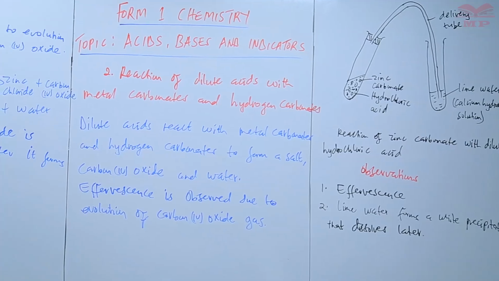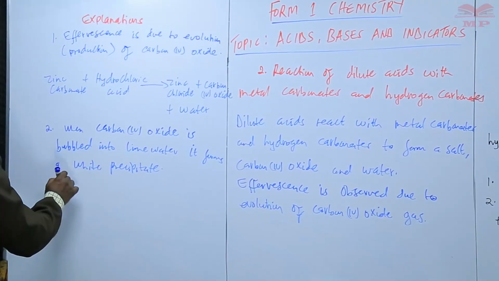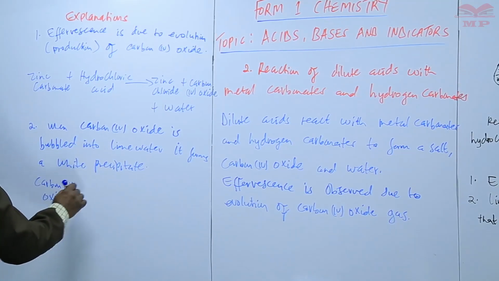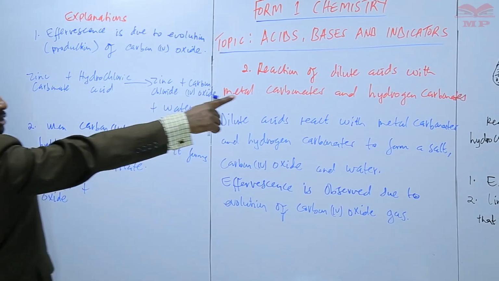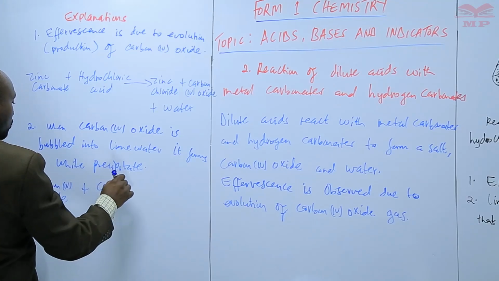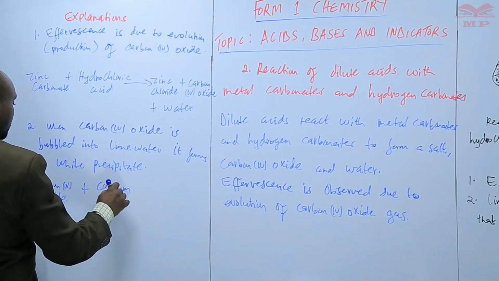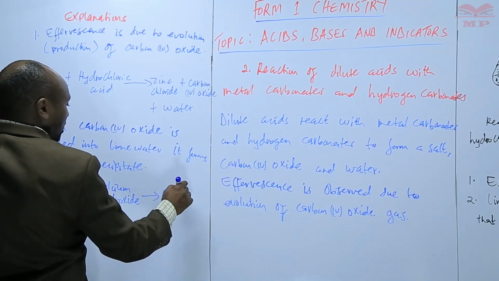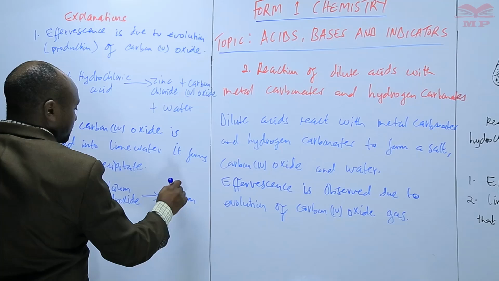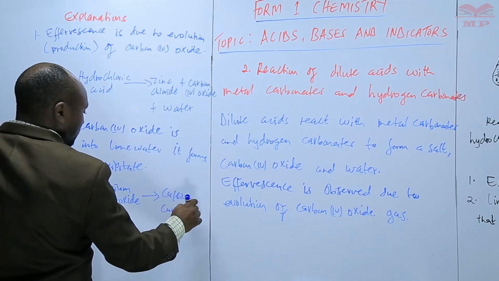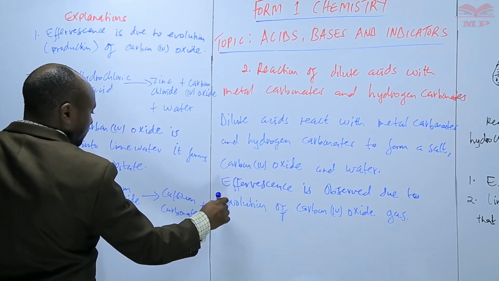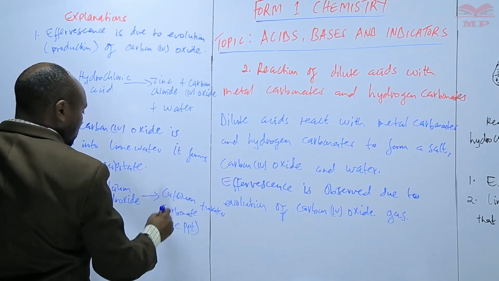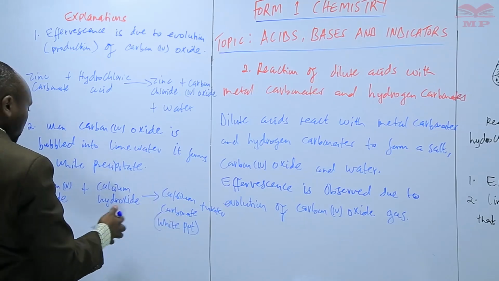And the reason for that is because the carbon 4 oxide combines with the lime water. Lime water, we have said, is calcium hydroxide. So here you get calcium carbonate plus water. So this is the white precipitate. The white PPT is calcium carbonate.